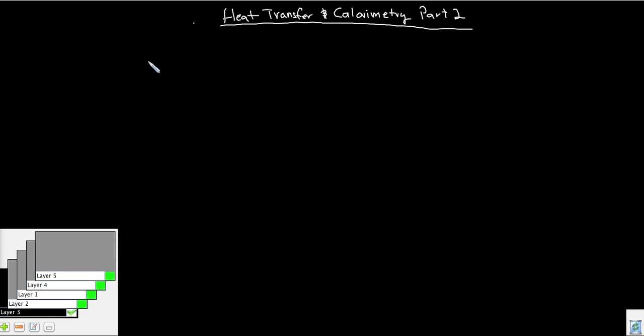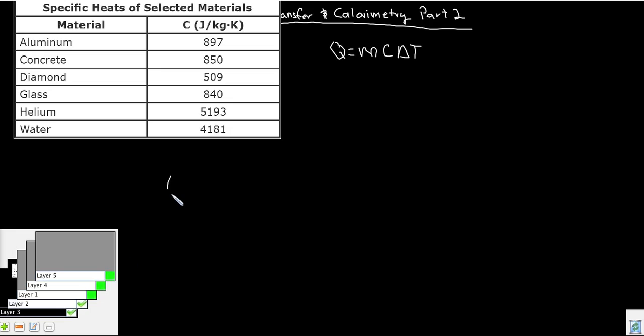So let's go back to our equations to review here. We had this equation where Q, which is the heat transfer, or just heat, equals the mass times the specific heat times the change in temperature. And we talked about how specific heat is specific per material.